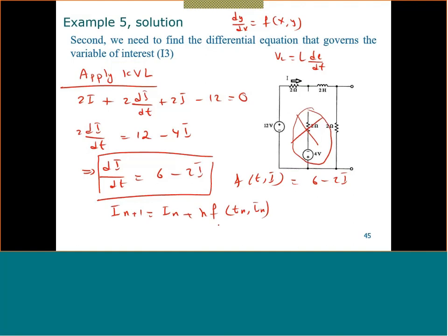Now I know the current I of 0, which is our initial condition. So this is equal to I n plus h times 6 minus 2 I n.